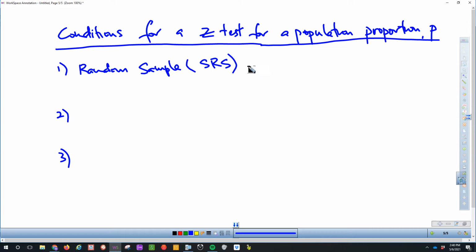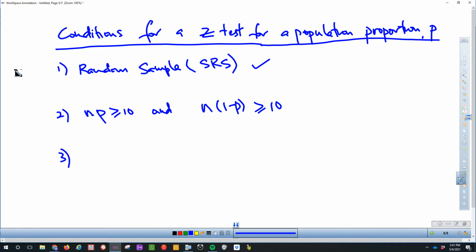So if it says a random sample, check. The second condition for a z-test is n times p greater than or equal to 10, and it has to satisfy n times 1 minus p greater than or equal to 10.